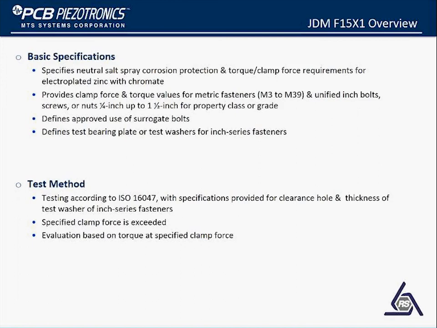Specified clamp force must be exceeded, and the evaluation will be based on torque at a specified clamp force. So you can see how they kind of mimic, or mirror, I guess is the better word, the test standards, and will often refer to DIN or ISO standards as required.